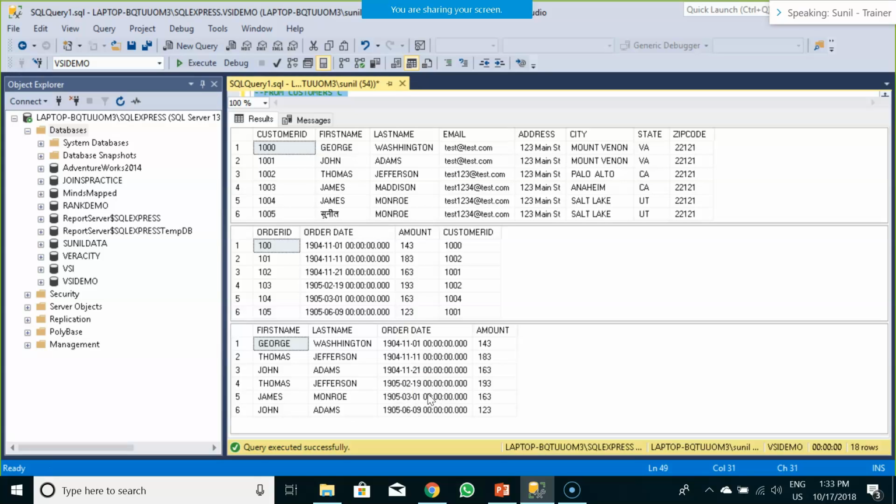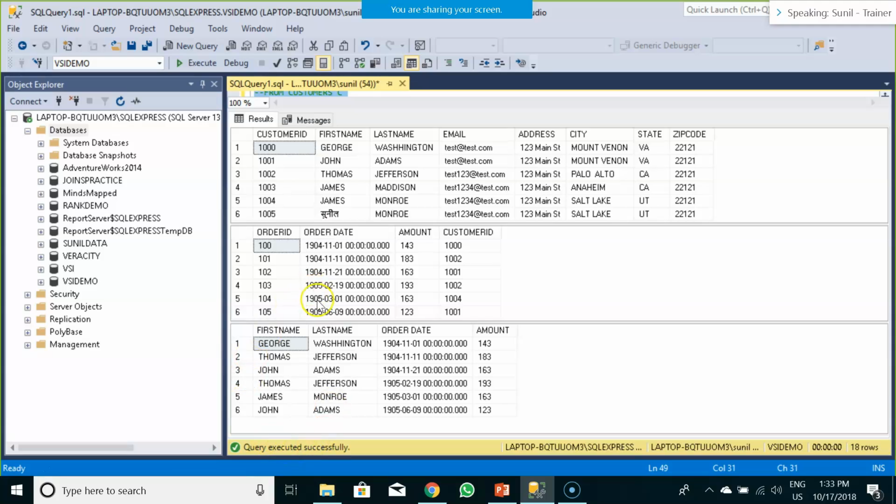Now here all the order numbers 100 to 101, 102, 103, 104 and 105, all my orders are displayed over here. But from the customer side, only the matching values are displayed.